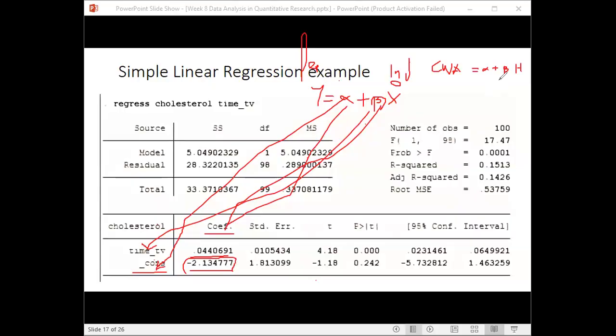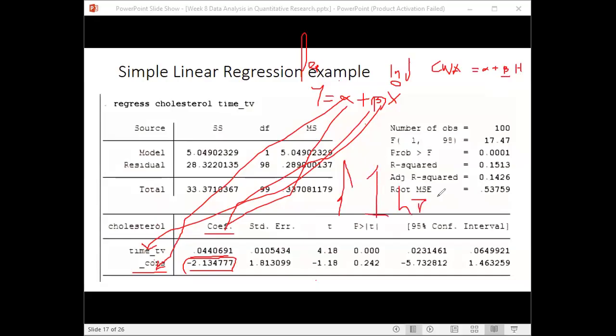Now let's look at the beta. The beta is the coefficient of the number of hours you study. And so because we measured it in hours, we can interpret it by 1 unit change. 1 unit change is 1 hour, right? So we can interpret it as if the hours that we study increase by 1 hour, right?